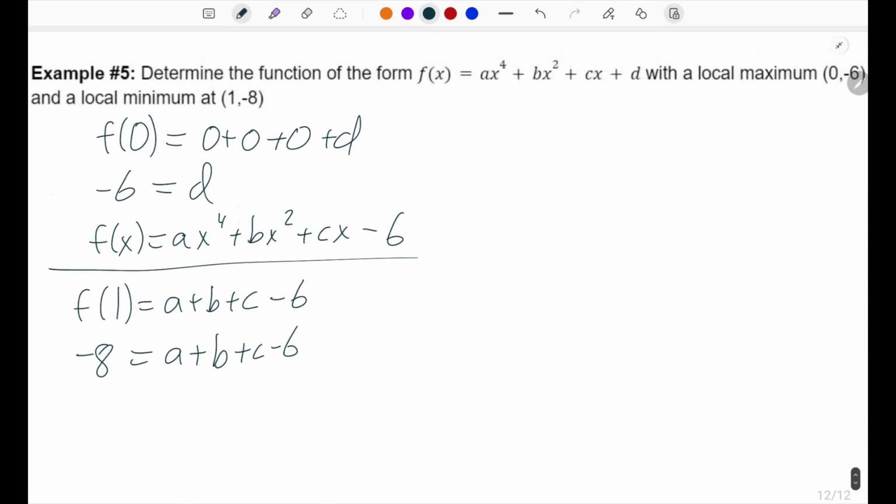I'm just going to move the 6 over just to make things a little nicer. Okay, so that's our first pieces of information, just plugging in the 2 points we're given.